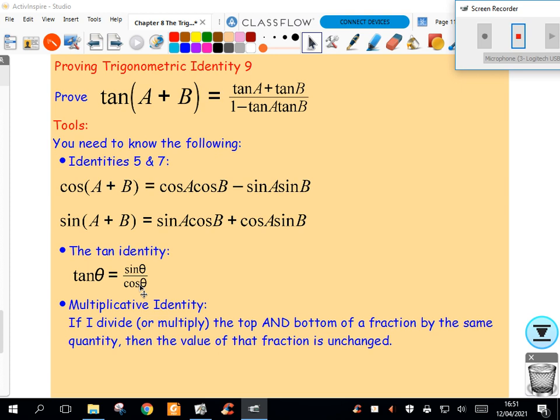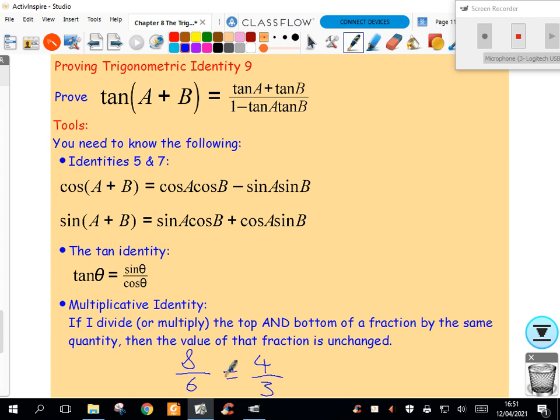And all it is this: if I divide or multiply the top and bottom of a fraction by the same quantity, then the value of that fraction remains unchanged. So for example, if I have the fraction 8 over 6, if I divide the top of that fraction by 2, but I also divide the bottom by 2, well then the fraction remains unchanged.